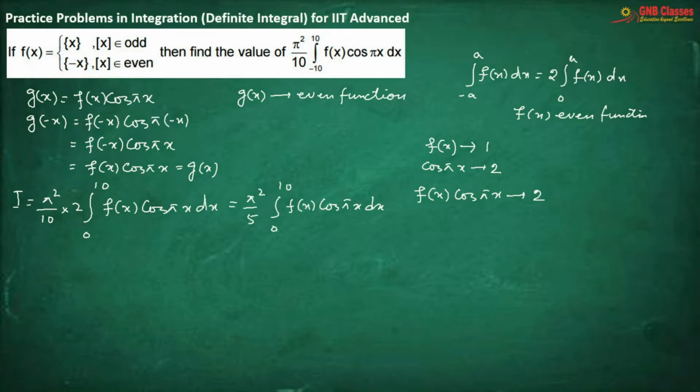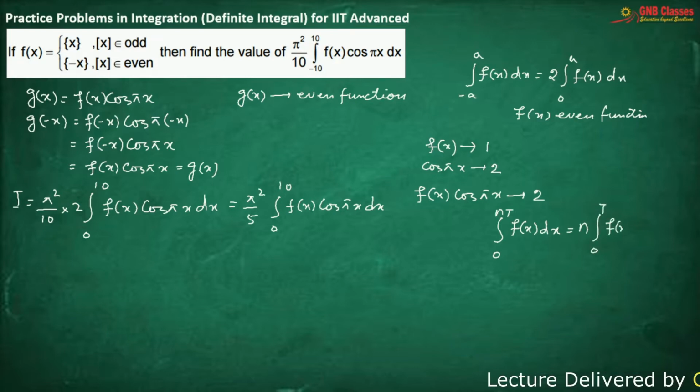Yes or no? Again, from the basic properties of definite integral, we know that the integral from 0 to nT of f(x) dx, where T is the period of the function f(x), can be written as n times the integral from 0 to T of f(x) dx. Am I correct or not?